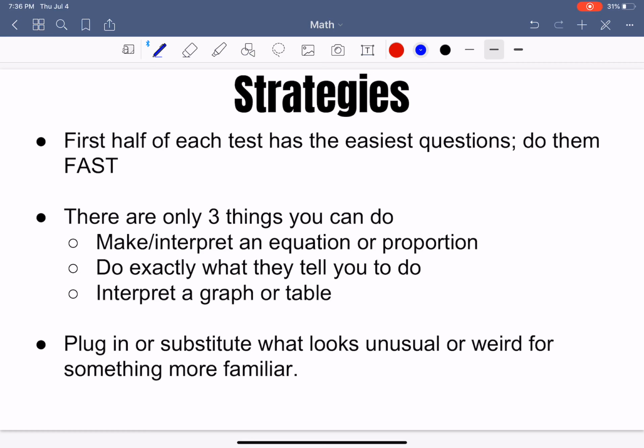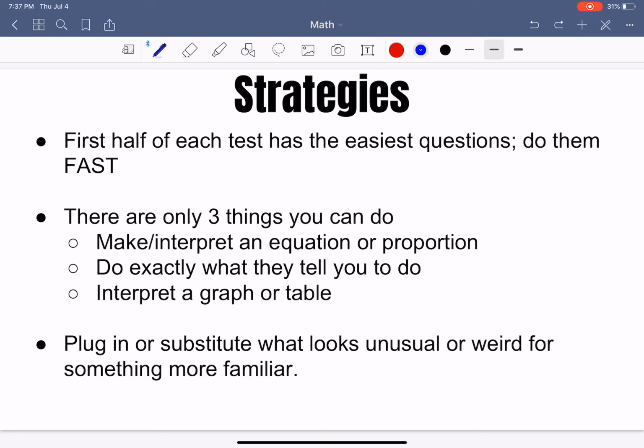After I did a bunch of practice tests, I started seeing a pattern: there are only really 3 things you can do for any question in the math section. You can either make or interpret an equation or proportion. A proportion is an equation, but whatever. Or you can do exactly what they tell you to do.